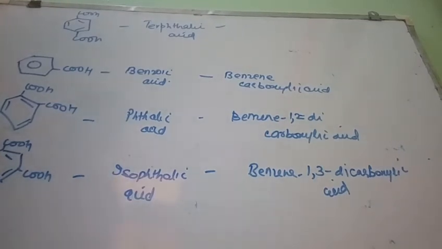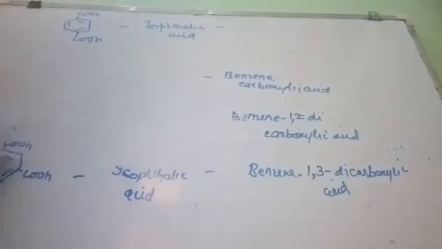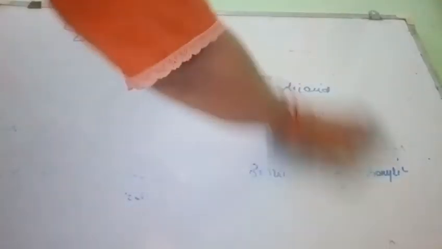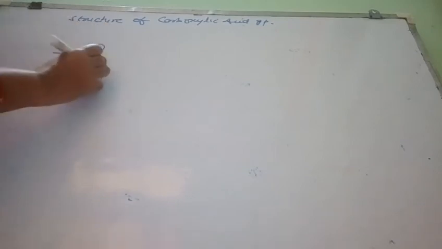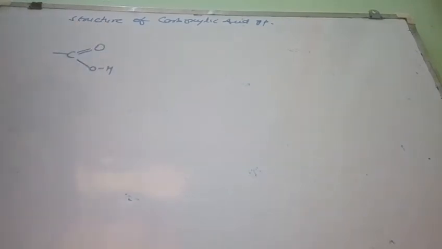Okay. Now we will come to the structure of the carboxylic group. Many examples I have given you. You can do many more. Next we will study the structure of the carboxylic acid group. You know that in the carboxylic acid we have one carbonyl group and the other one is a hydroxyl group attached to the alkyl group or hydrogen or aryl group.